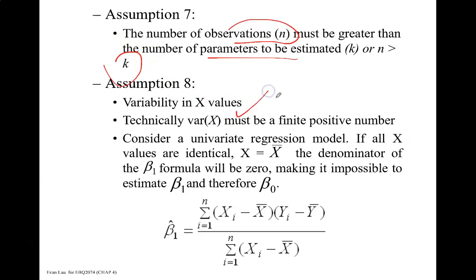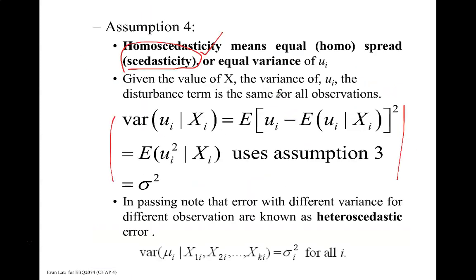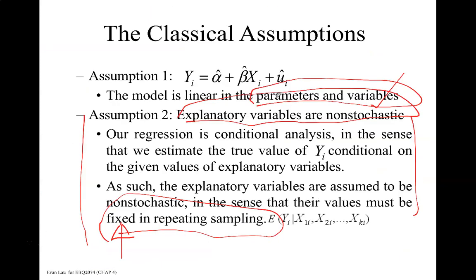Number 8 is very closely related to number 2. We still remember number 2: explanatory variables are non-stochastic.